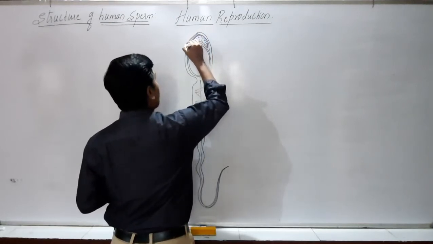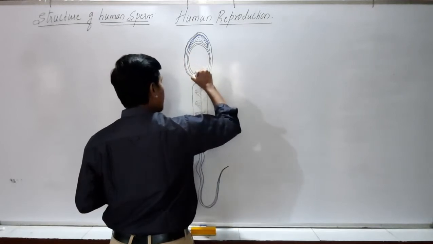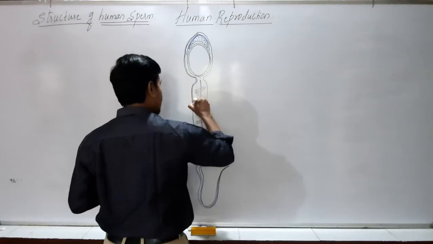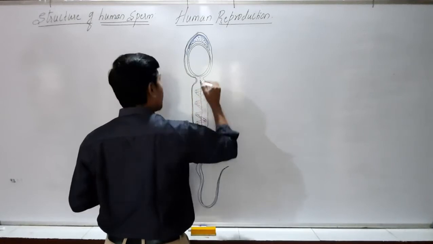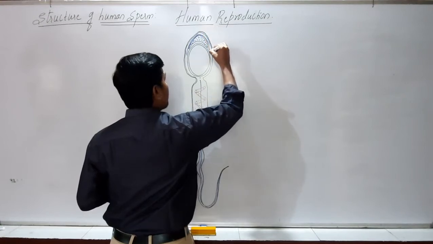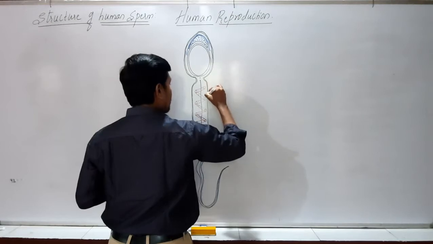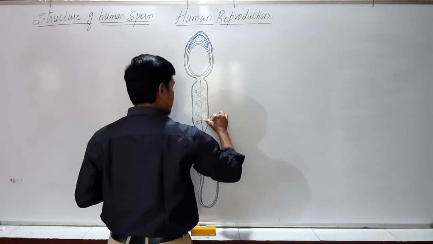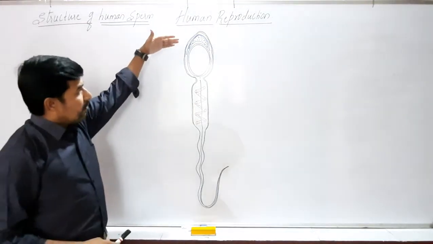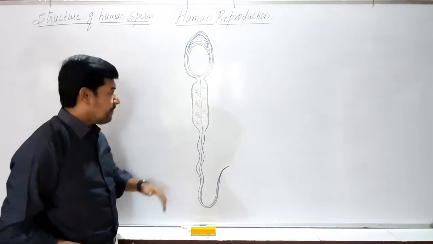Now this is the sperm head, then the neck part, then the middle piece. Now head part, middle piece, and this is also called the end piece or tail.